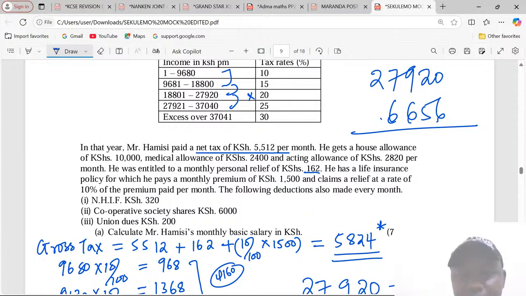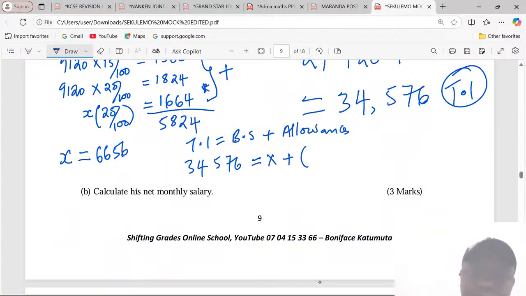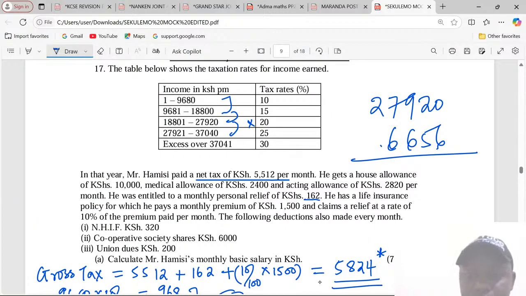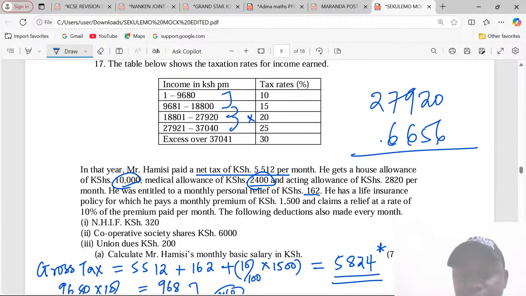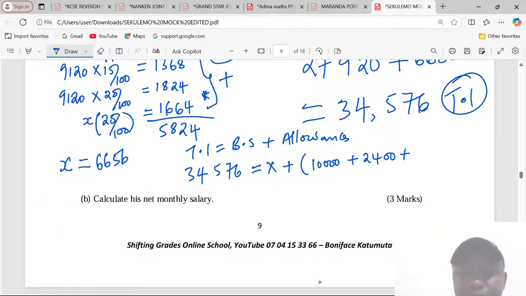So we can go to the allowances now. Let's check more. House allowance 10,000, medical 2400, acting allowance 2820.